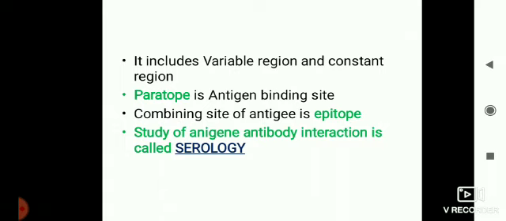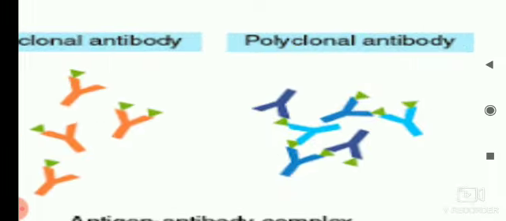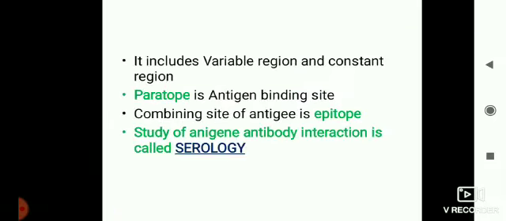Paratope is present on antibody and epitope is present on antigen. Study of antigen antibody reaction or interaction is called serology. You can see here Y-shaped antibodies, and they have caught the antigens.